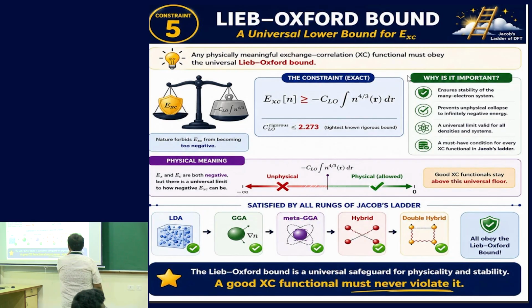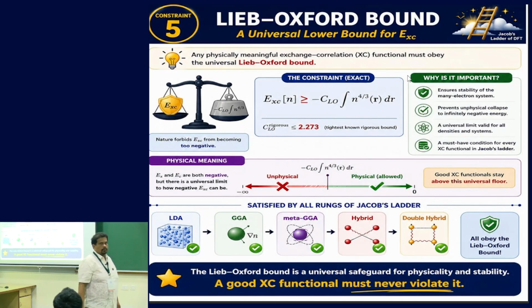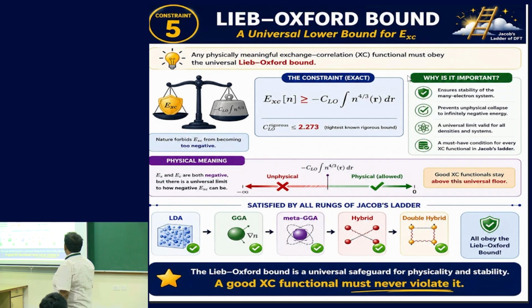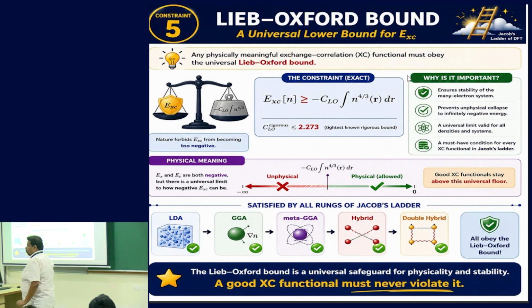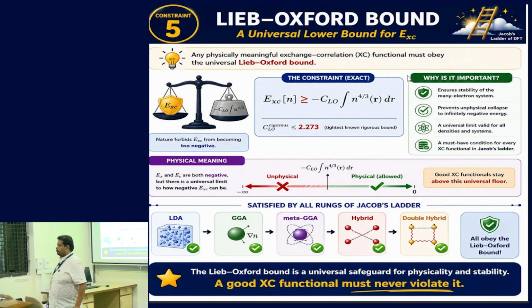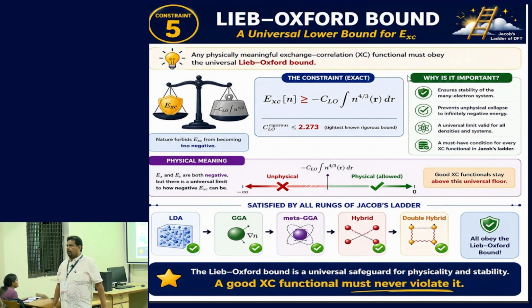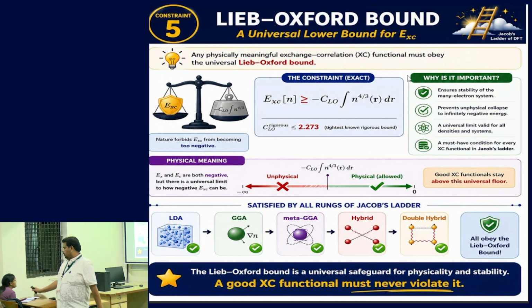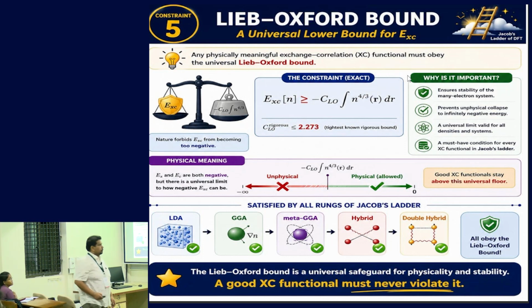If it does not, the system will become unstable and have an unphysical collapse if the energy goes forever negative. This is a must-satisfy condition for all functionals. I'll give you all these slides, no need to write.